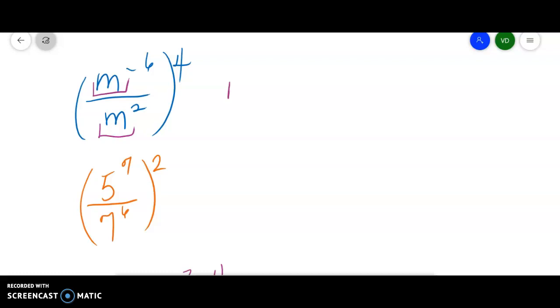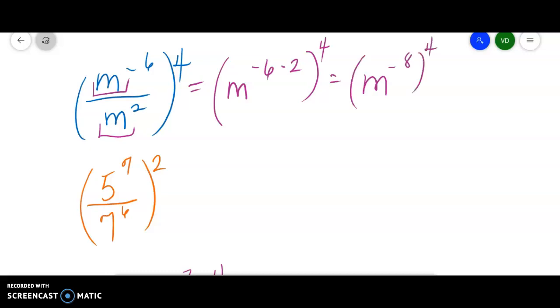So I'm going to say M to the negative 6 minus 2, and that's still raised to the fourth power. So inside parentheses, I'm going to get M to the negative 8 to the fourth power.